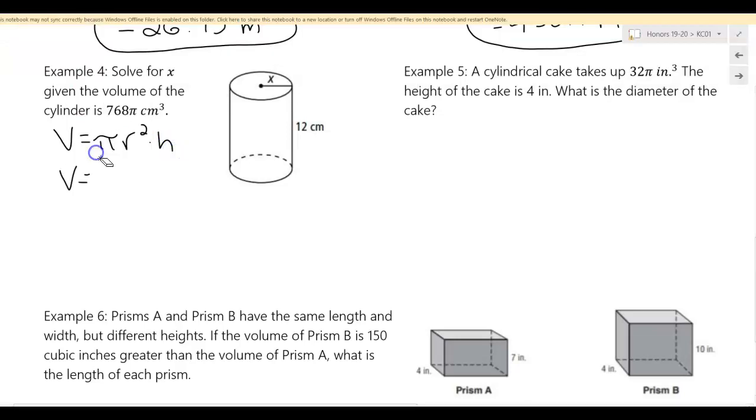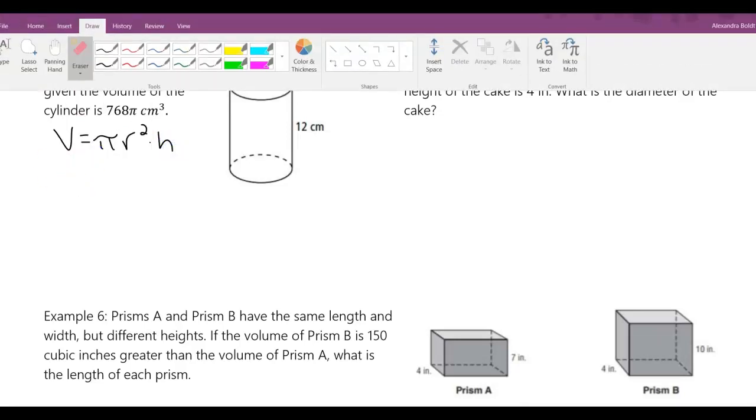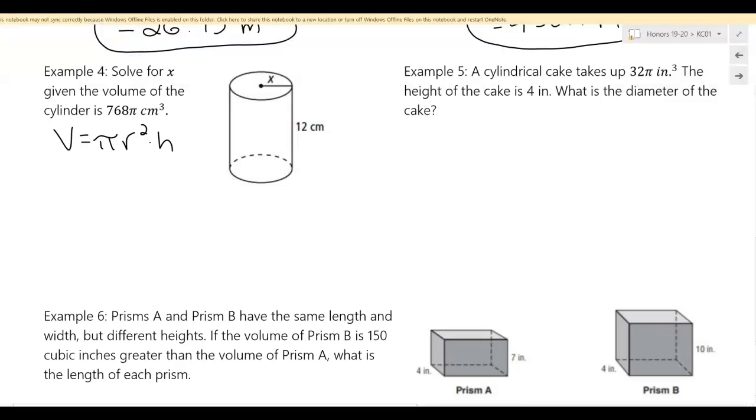So then, what do we know? Right, now instead of plugging in for R and H, I'm plugging in for my volume, which is 768 pi. We don't have to worry about the centimeters cubed, okay? So that was our volume.